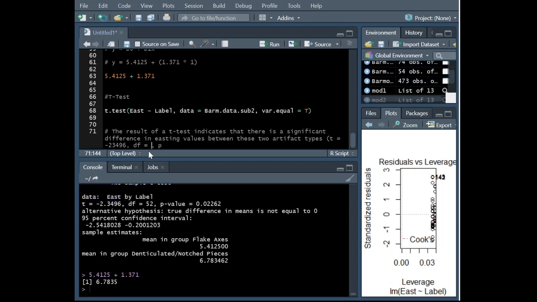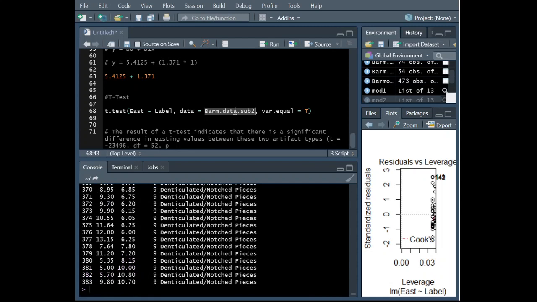And then supply your degrees of freedom, because the degrees of freedom in this case is used in conjunction with the t value to calculate your p value. So you always need to supply the degrees of freedom. And in this case, if we look at BARM data sub 2, I'm going to go down here into the R console and use the nrow function, the number of rows of BARM data sub 2.